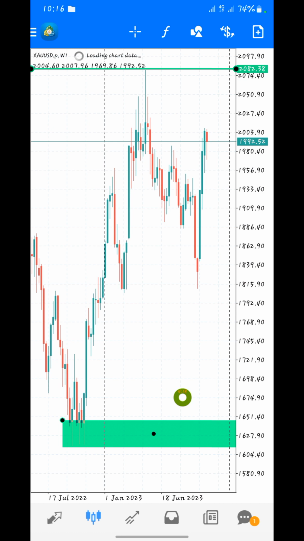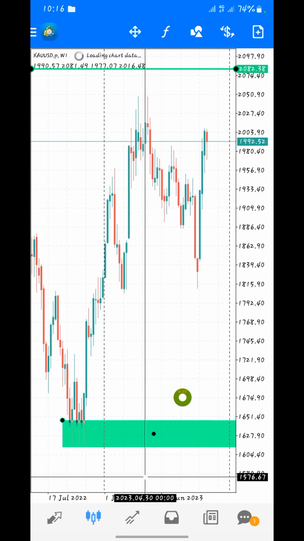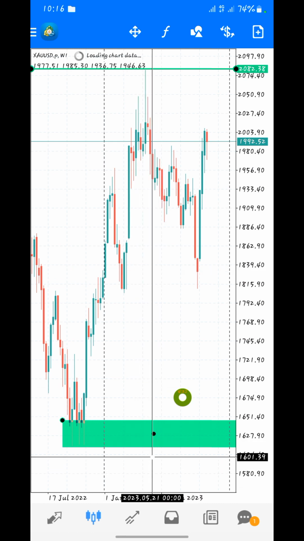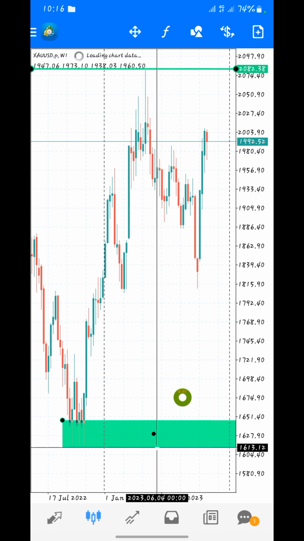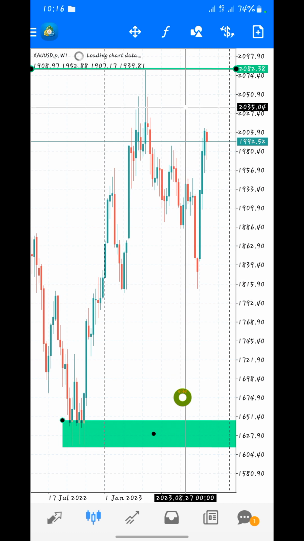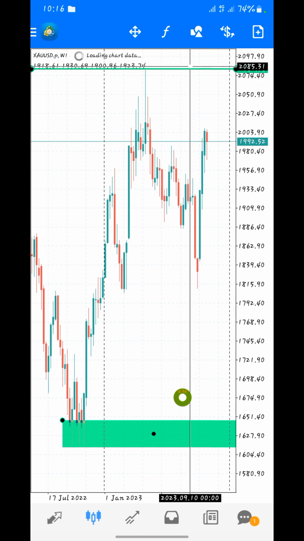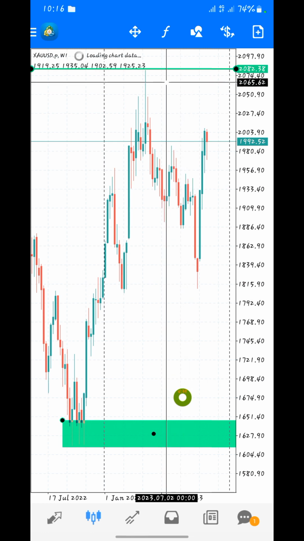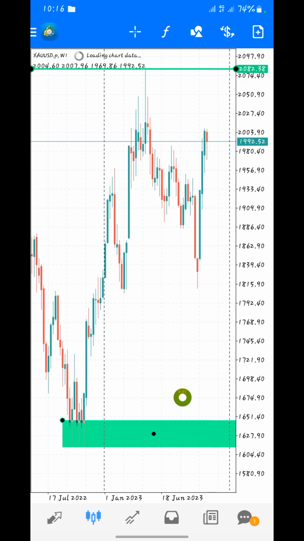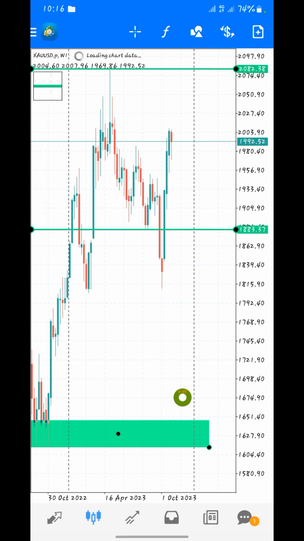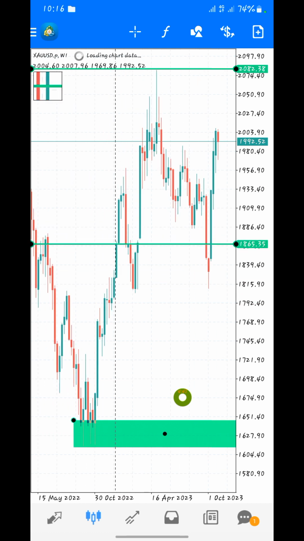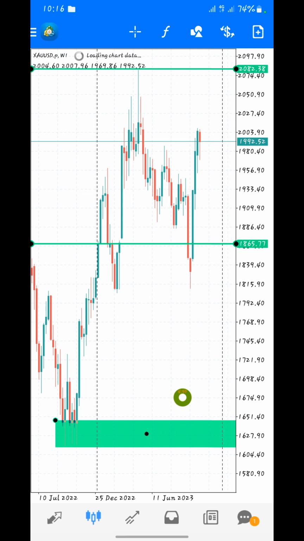So the best thing we should do for now, since the market recently started at the zone of 1611 and then went long up to the level of 2085, and we have already marked those areas, is to mark half of this distance the market has covered.